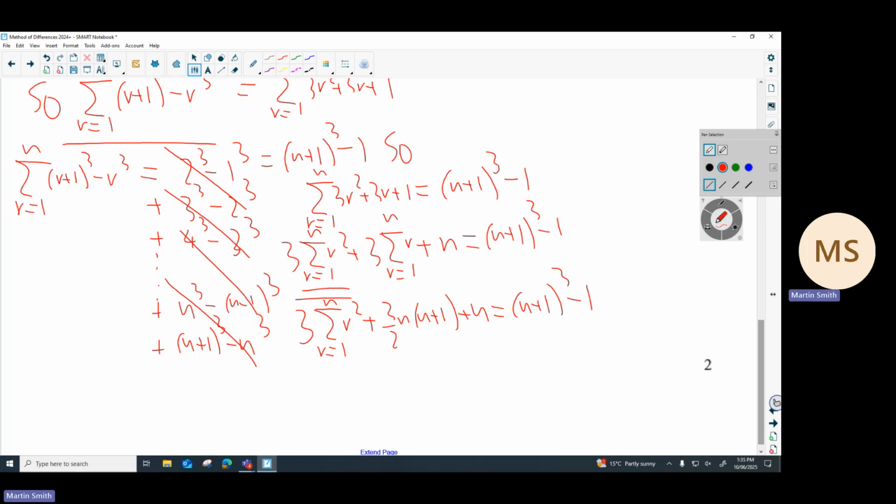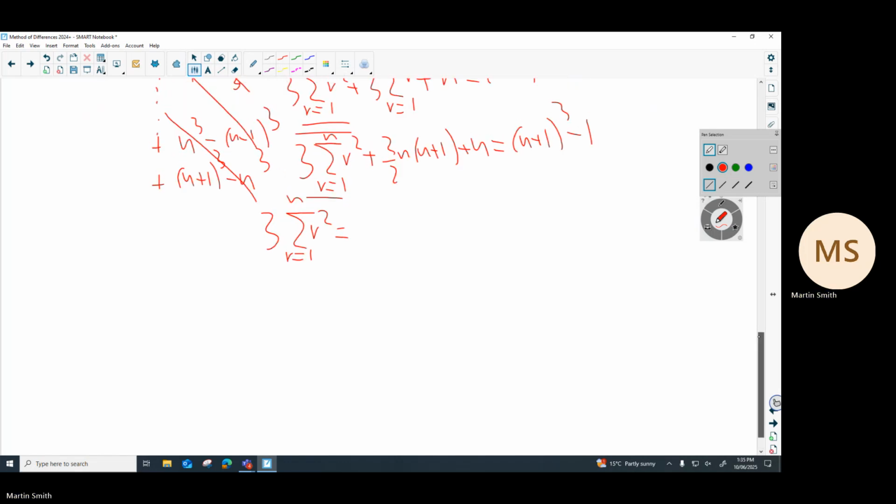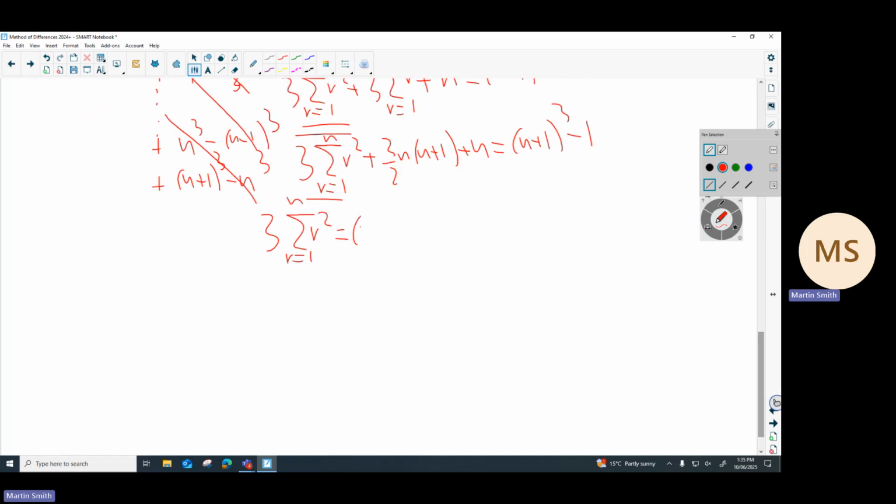I'm now going to rearrange this equation to get that bit by itself. So I know 3 times the sum from r = 1 to n of r squared is equal to (n+1) all cubed minus 1 minus 3/2 n(n+1) minus n.